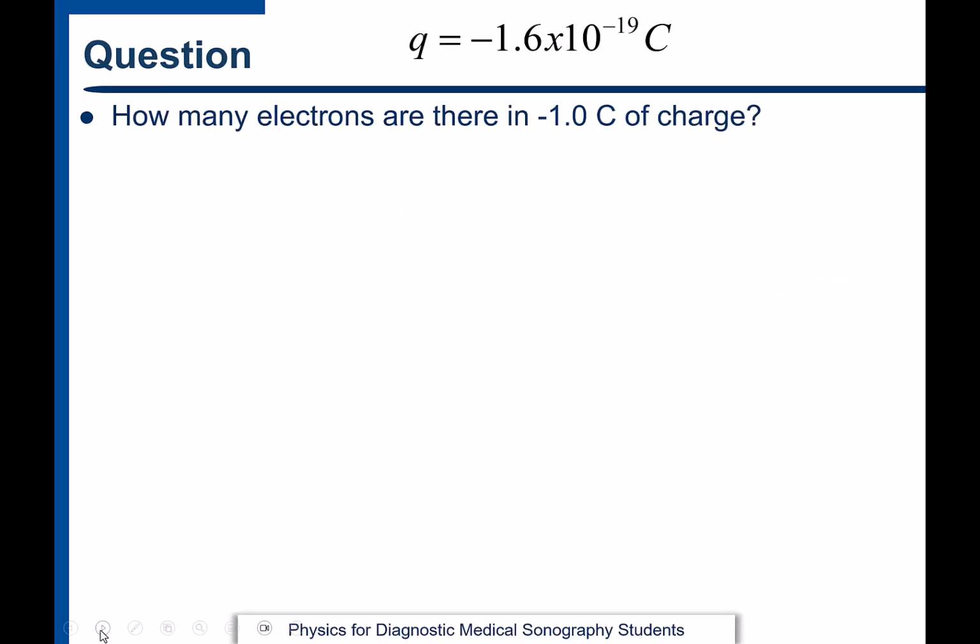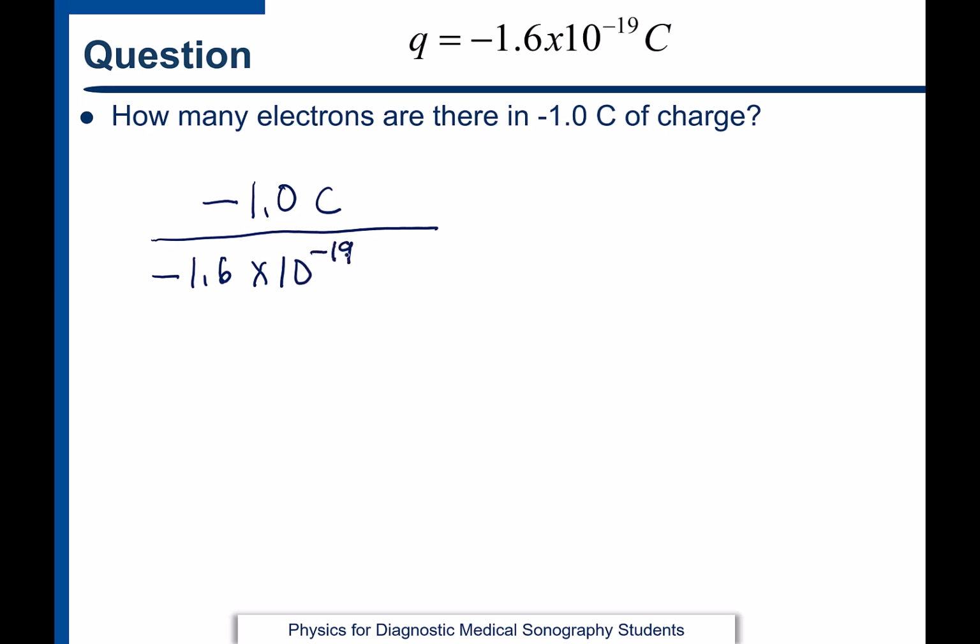Let's do a quick example to just get a sense of the fact that a coulomb is a lot of charge. So the question is, how many electrons are there in minus 1 coulombs of charge? Well, if we take that charge of negative 1 coulomb, what we want to do is divide by the charge per electron. So we know that's negative 1.6 times 10 to the negative 19th.